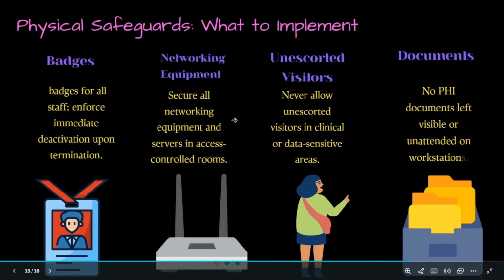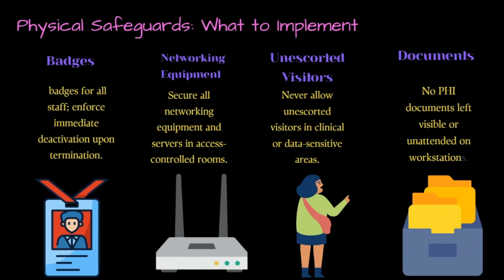So when it comes to physical safeguards, there are different items that we can implement. First off, we have badges, and when someone is terminated or they quit their jobs, it should be enforced to deactivate their access. Next, we have networking equipment. This would basically be securing servers or any other network equipment like switches, routers, and cables in an access-controlled room.